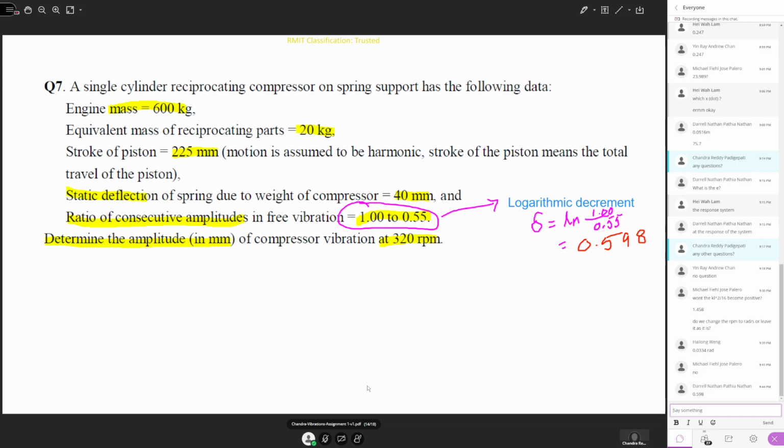Okay, the last sentence of the question says determine the amplitude of the compressor vibration at 320 RPM. So this is your omega. Convert this omega into radians per second.